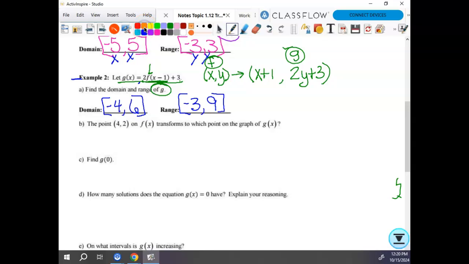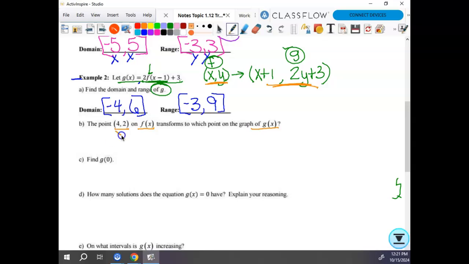All right, so then we have this point, 4, 2. And it's going to transform, so that's the point on F. And we want to transform to which point on G? So since I don't have a graph, and I'm not just thinking about my transformations, I have this. This is F, this is G. And in this case, instead of x, x, and y, y, this is not an interval.